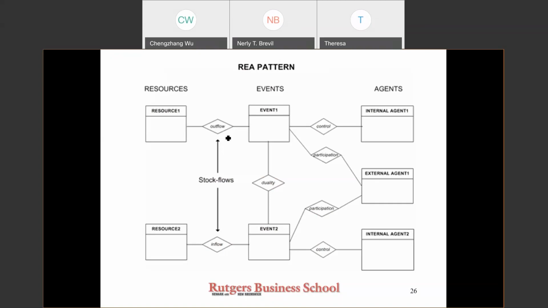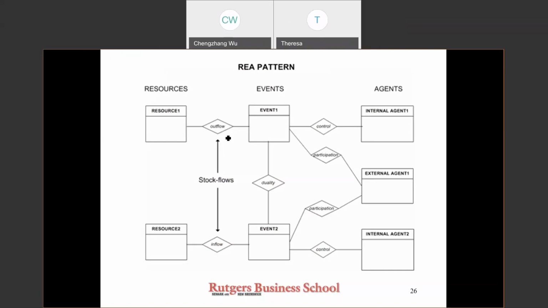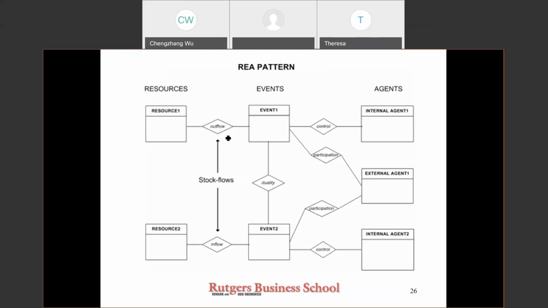So this coupling between resource-increasing and decreasing events is referred to as a duality relationship, which can be thought of as a give-take relationship.